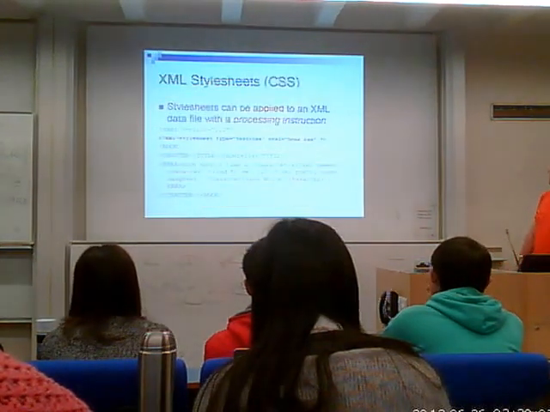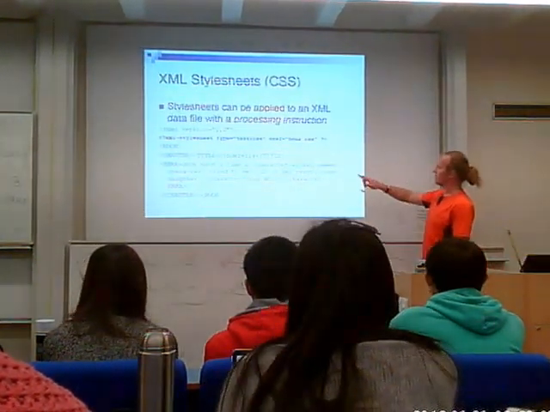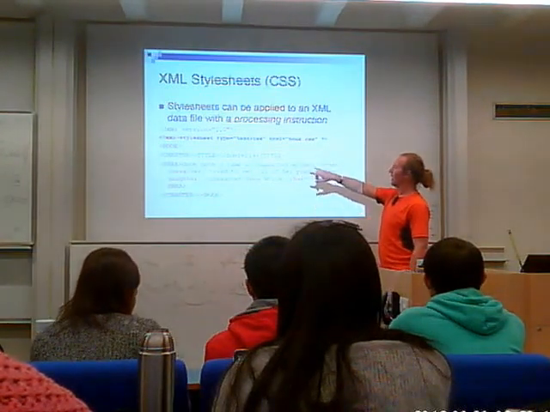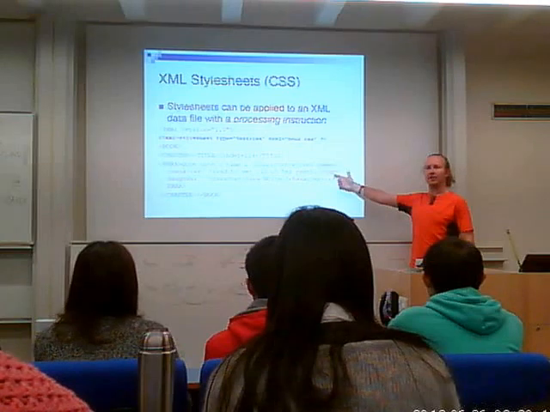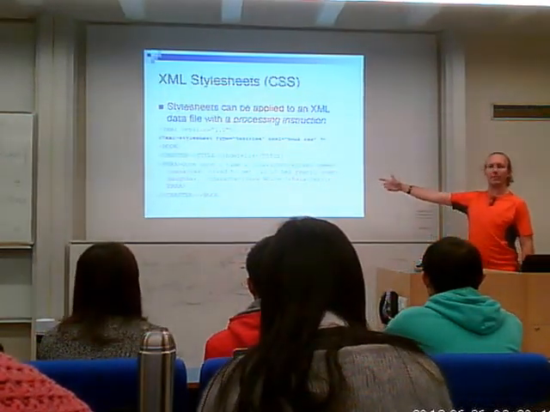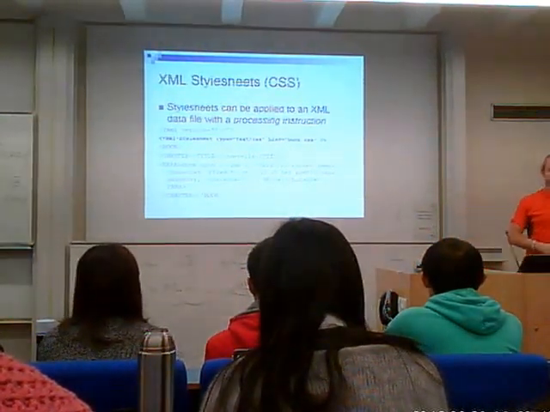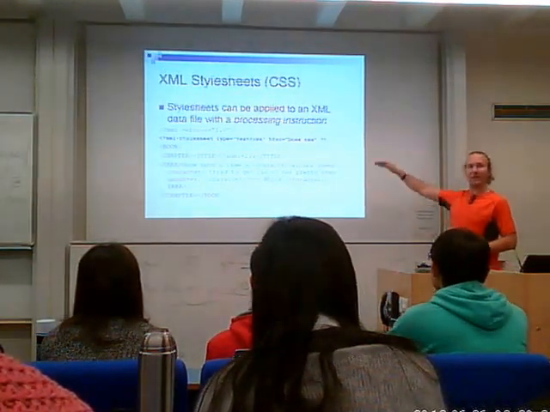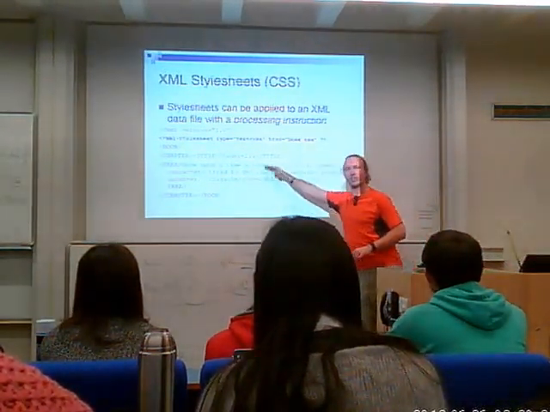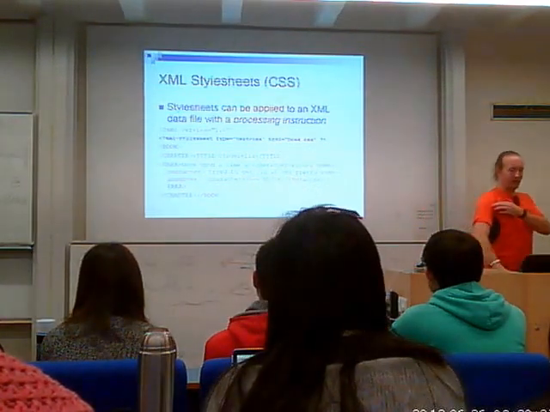If this is our example of an XML, we've got a book and it's got a chapter inside of it and a paragraph. But hopefully we can see this isn't HTML. This isn't a document we normally expect to render in a browser. And if we had no styling information, our browser would render that as XML. We could just see the text of that.